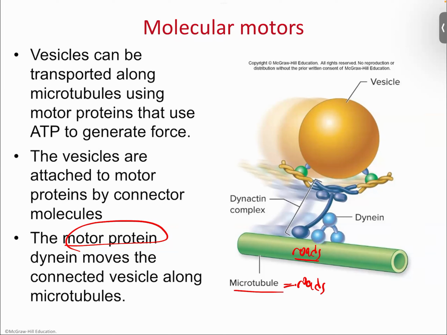In this case, if you're needing to go from your rough ER to your Golgi apparatus, you have a microtubule that takes you there. There's a connection there. As a matter of fact, not only that, but if there's a destination that you need to get to that doesn't have a road, what do you end up doing? You create a road, right? So road building is dynamic, isn't it? You have to go somewhere new, create a road.